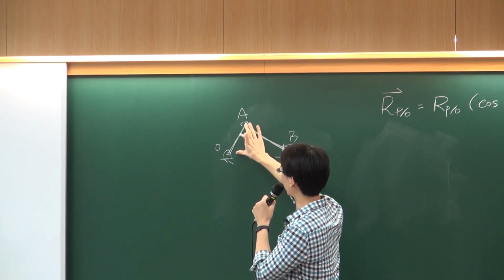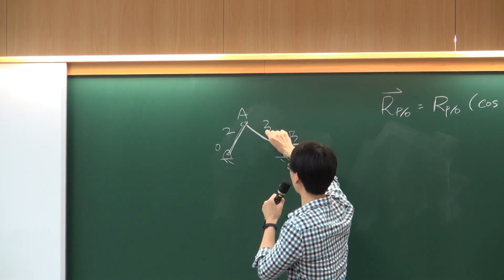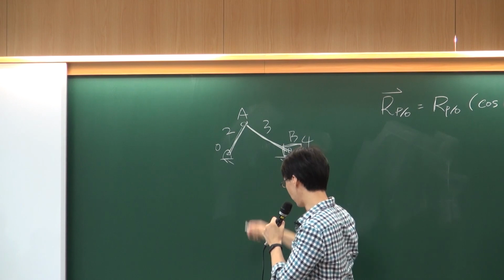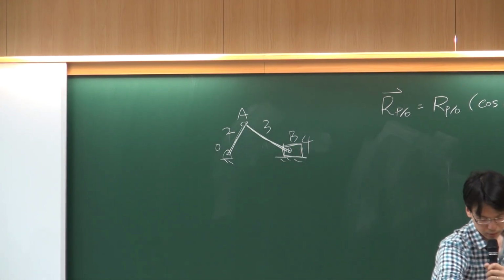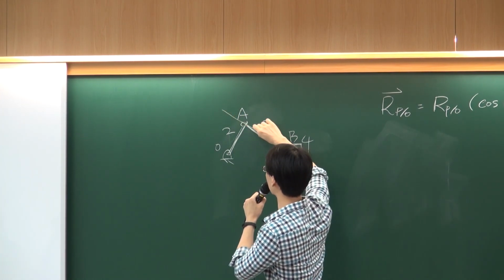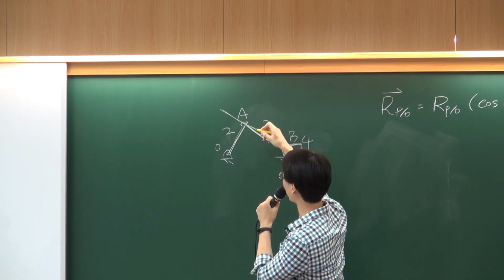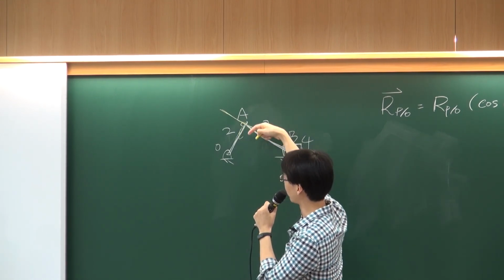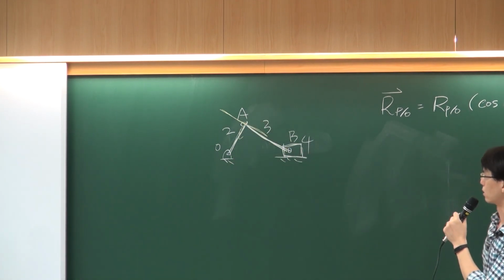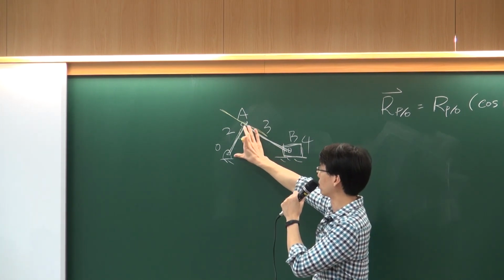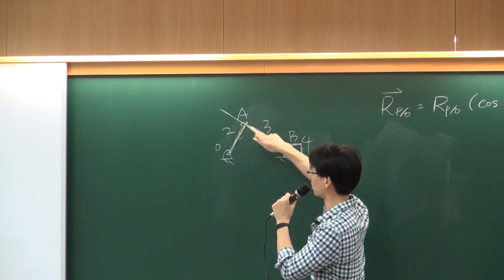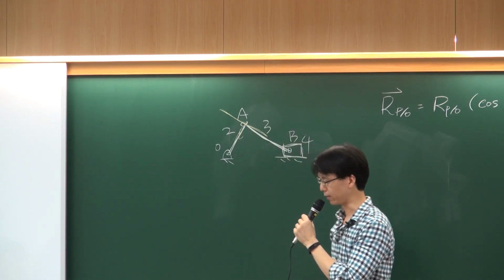If I call these bar 2, bar 3, bar 4, bar 2 will only rotate. So when we calculate the velocity, the velocity will only be in this direction. We won't have any velocity along this OA line. Velocity is always perpendicular to OA, with no component in the OA direction.